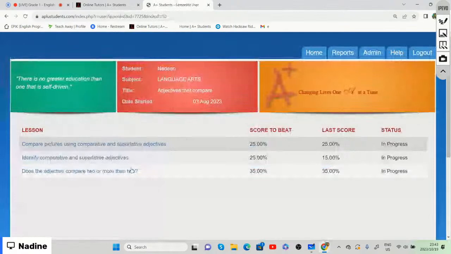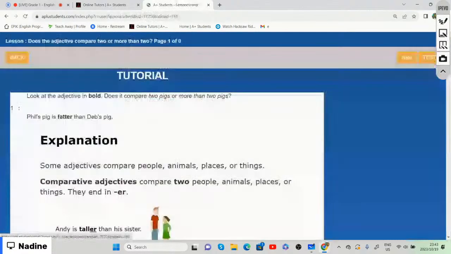Now we're going to say, does the adjective compare two or more than two animals, people, places, or things?